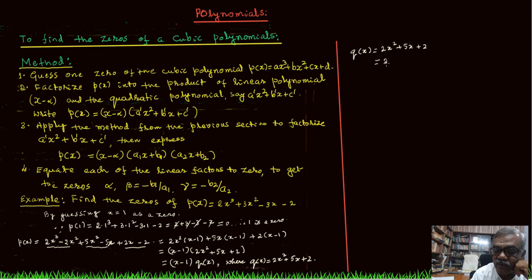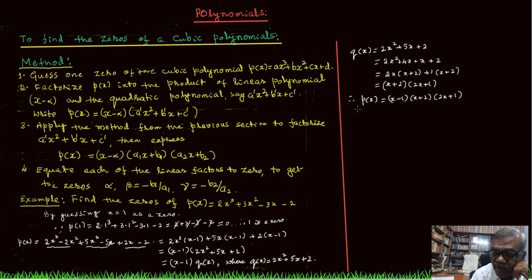This can be written as 2x² + 4x + x + 2, which can be written as 2x(x + 2) + 1(x + 2), and therefore I can write (x + 2)(2x + 1), and therefore p(x) = (x − 1)(x + 2)(2x + 1).